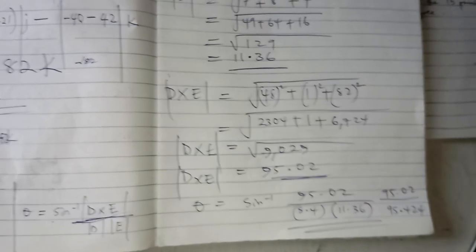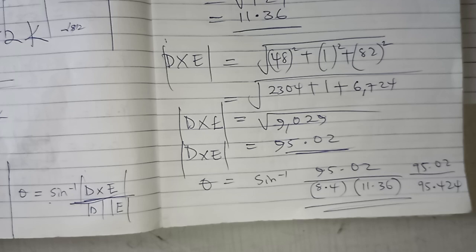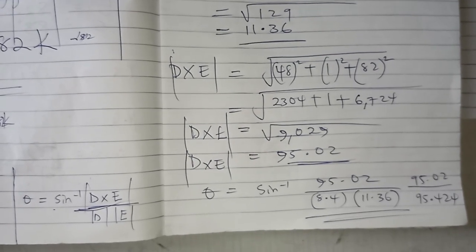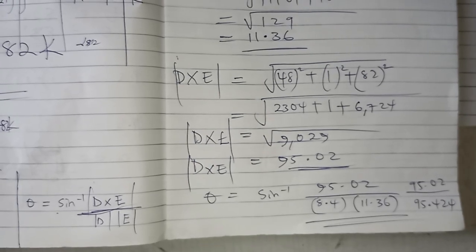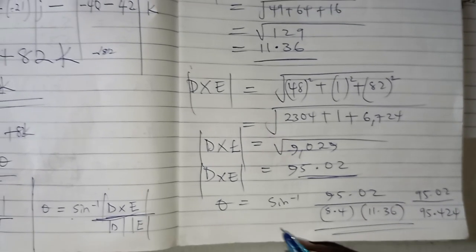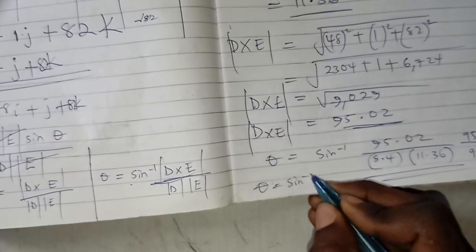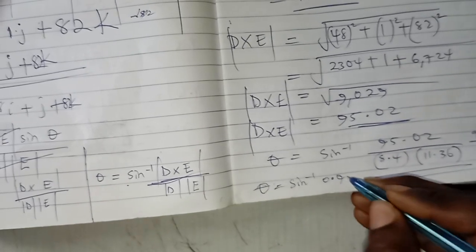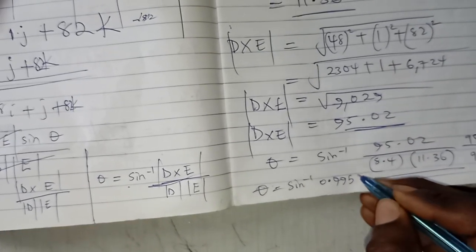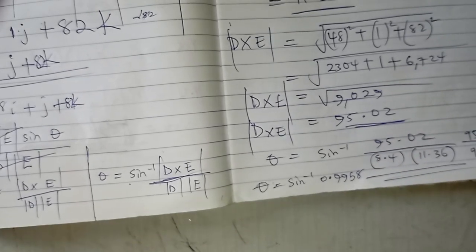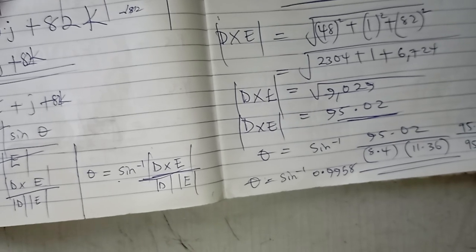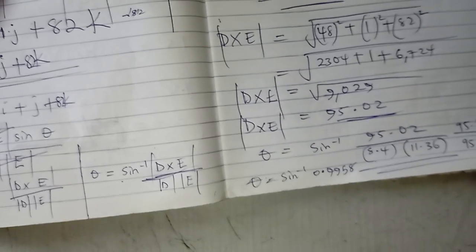So 95.02 divided by 95.424, we have theta equal to sine inverse of 0.9958.